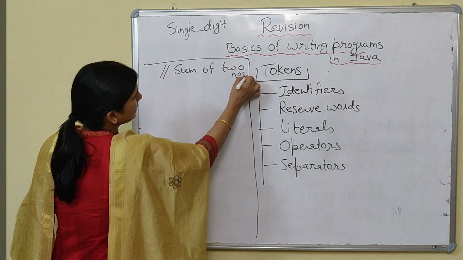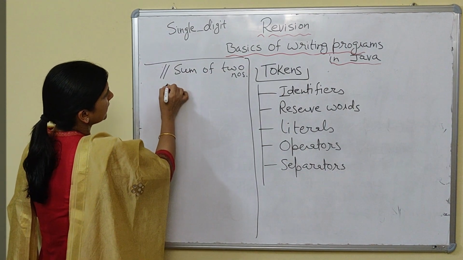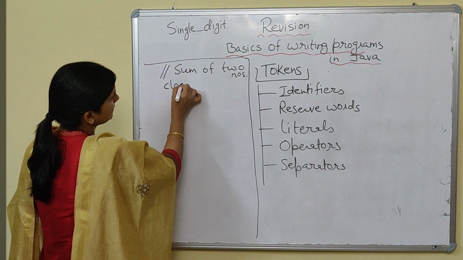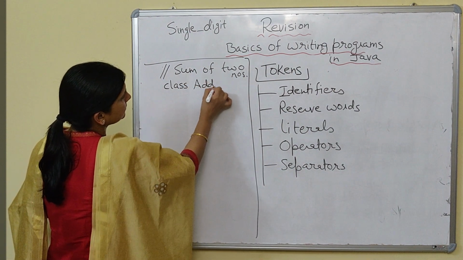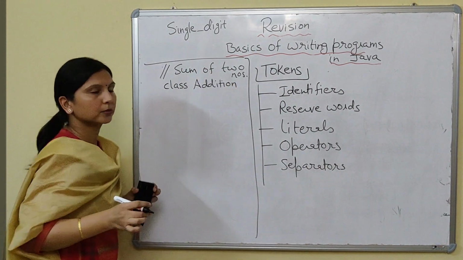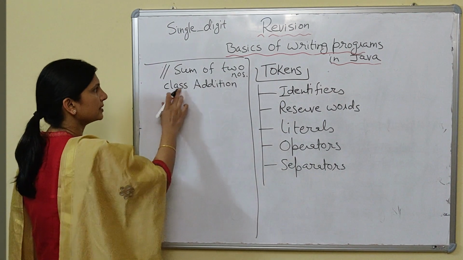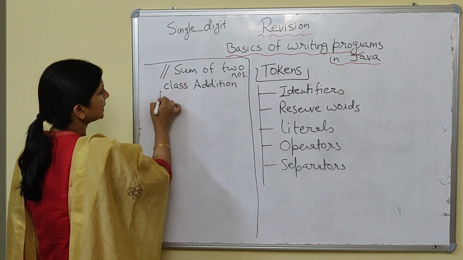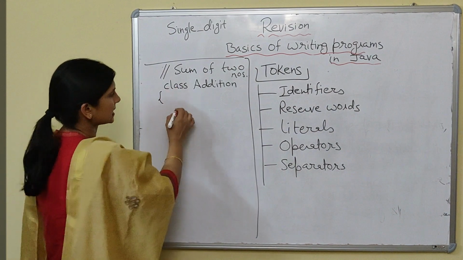First I have given the comment, sum of 2 numbers. Then I have made a class Addition. C will be small, A will be capital. Then the opening braces of the class.